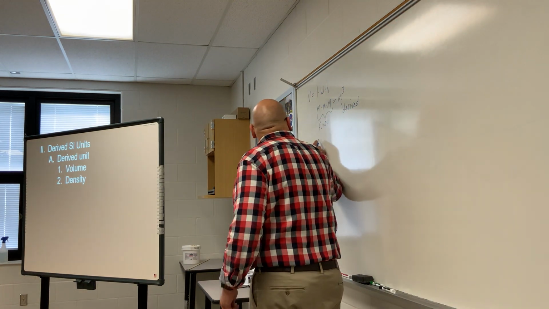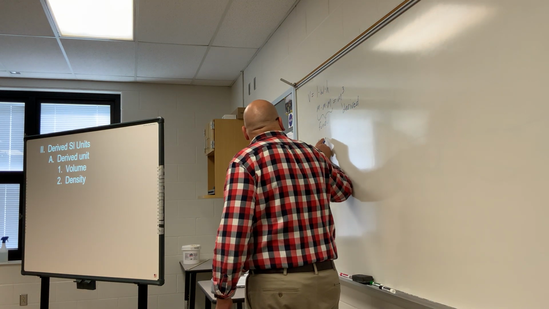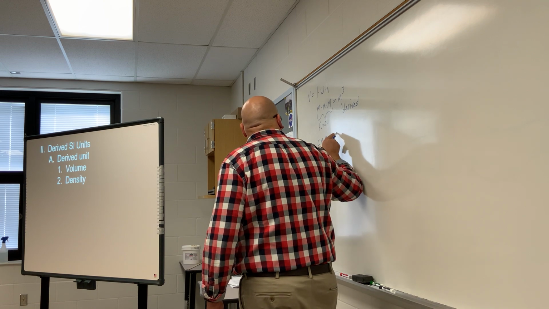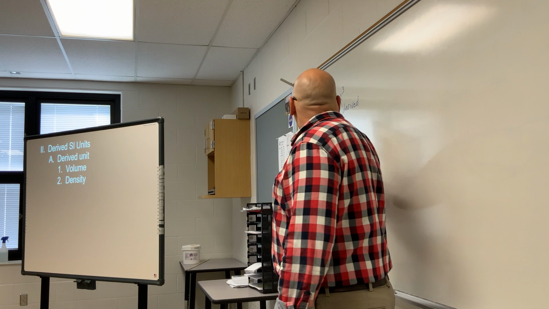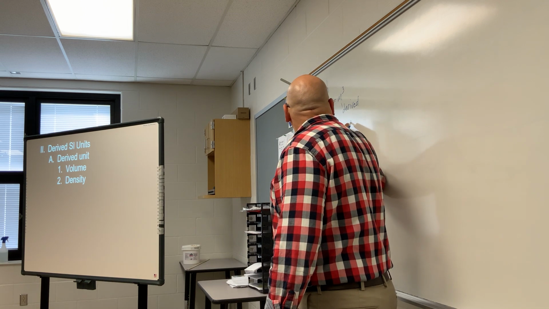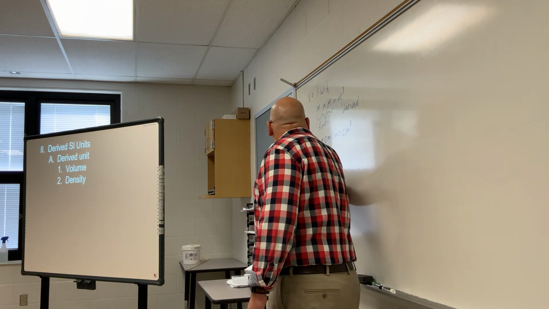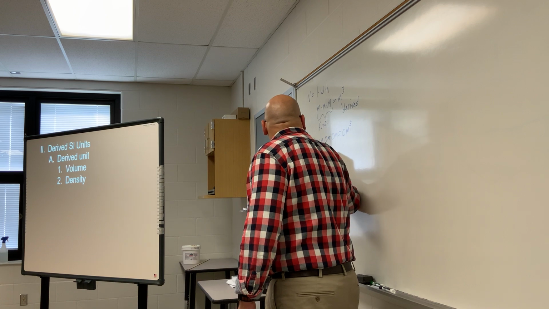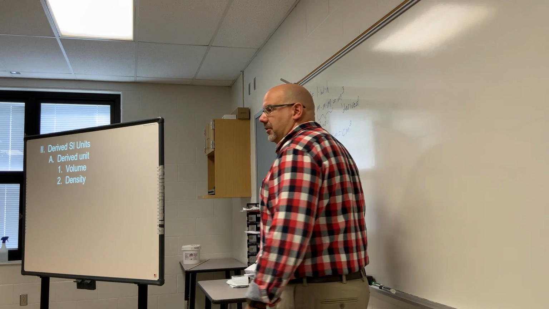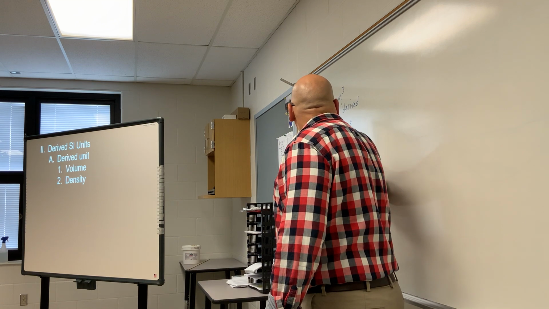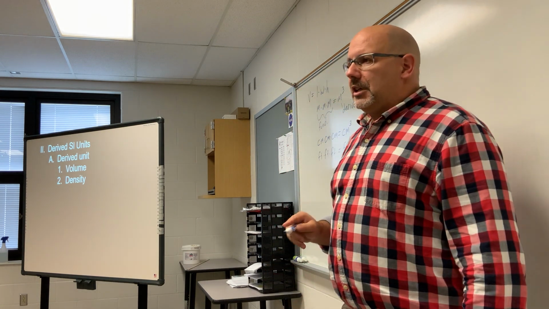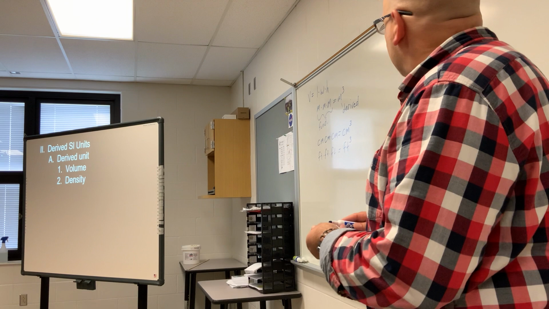Or, if you're measuring in centimeters, centimeters, centimeters, the unit would be what? Centimeters cubed. If you're measuring in feet, feet, feet, the unit is, okay, cubic feet. If you look at the units, what do you notice about it?